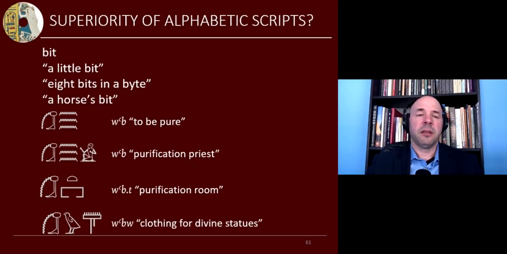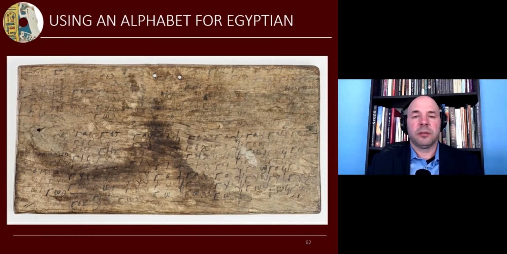Now, with that said, when we get to Coptic, so for the sake of this discussion, let's say 4th century and later, Coptic adopts the Greek alphabet to write the Egyptian language, and then they supplement that Greek alphabet with a number of characters, depending on the Coptic dialect, that stand for sounds for which the Greek didn't have a readily available symbol.